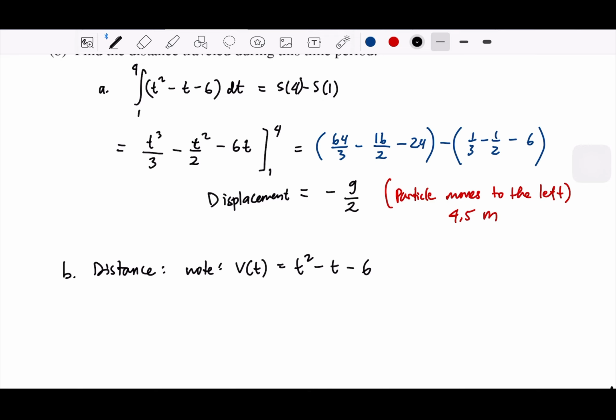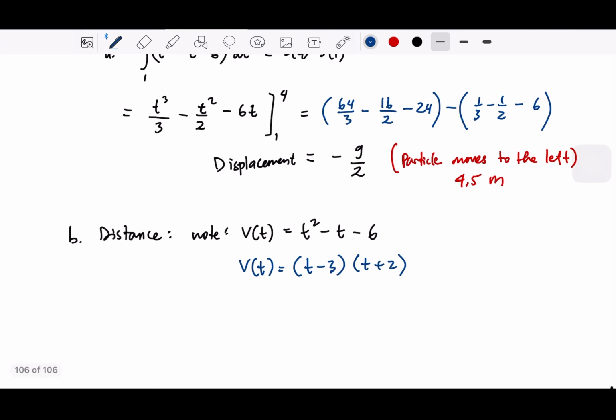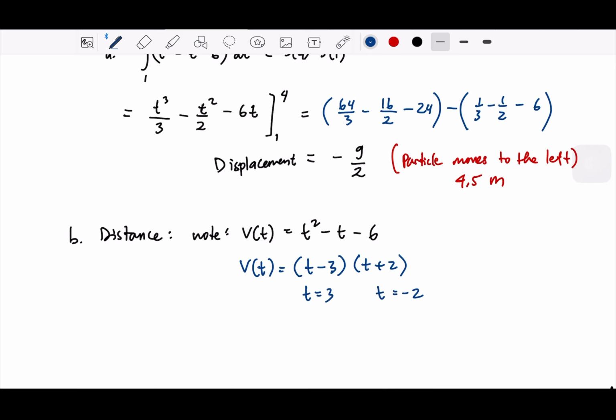Remember, when you have this parabola, you will have some roots, so we can rewrite this in terms of factors. We have t equals 3 and t equals negative 2.